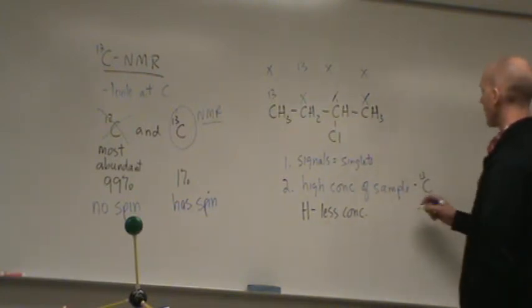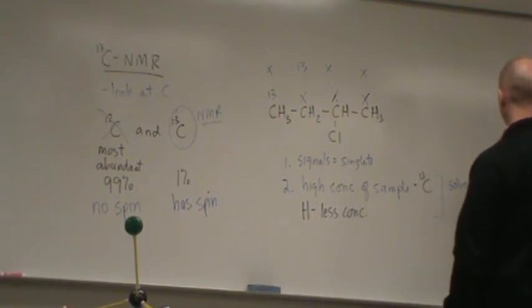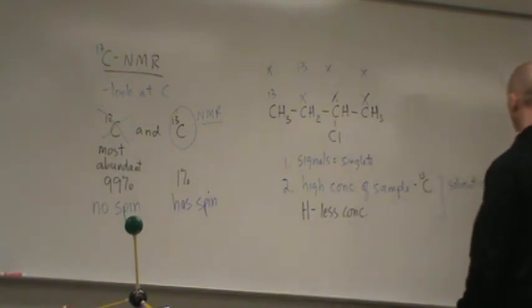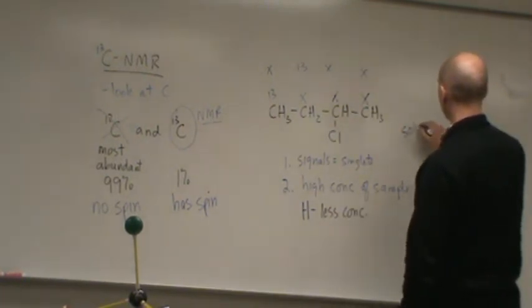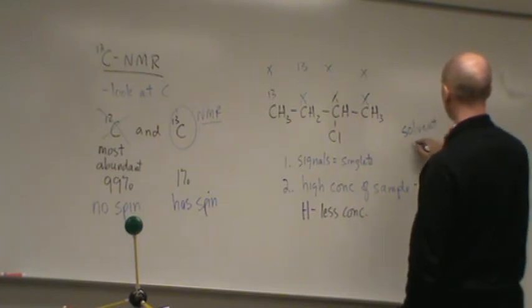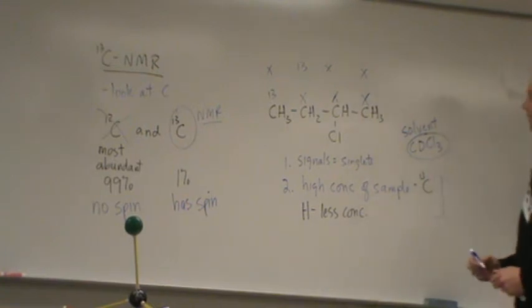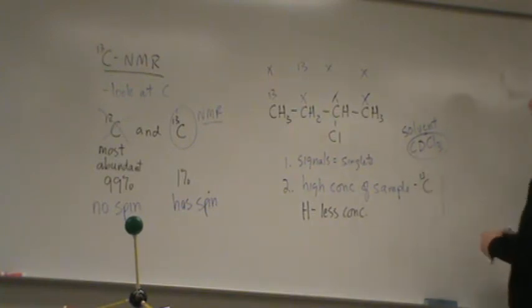So when we say a high concentration, that means we also have a solvent, and that solvent is deuterated chloroform, which we write as CDCl3.